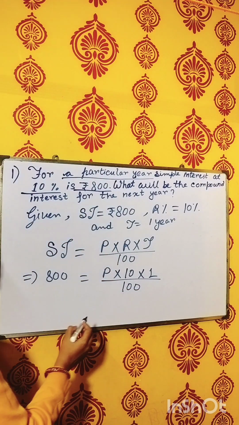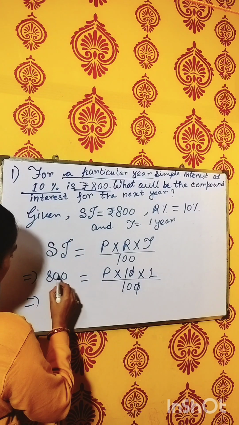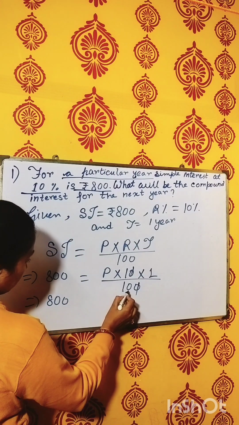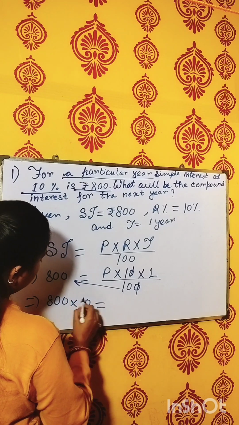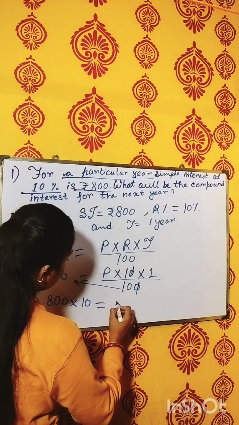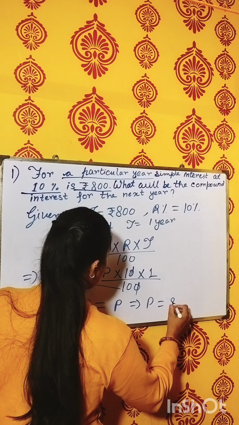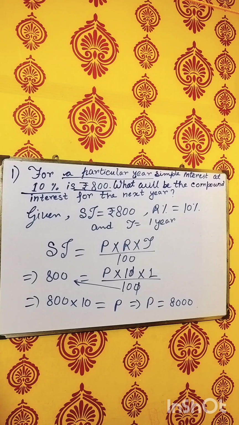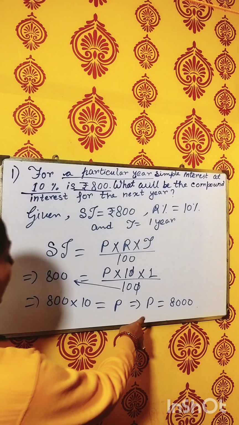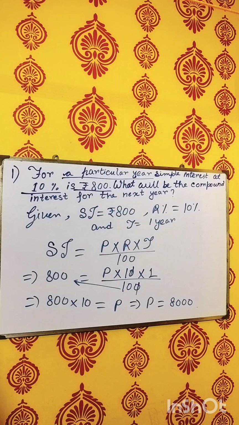Okay. Now 10 is cancelled. Now 800 multiply this 10 will come here. 800 multiply 10 is equal to P. That means principal is equal to 8,000 rupees. Okay. Now we can easily find the compound interest by putting the value of P in the formula of compound interest.